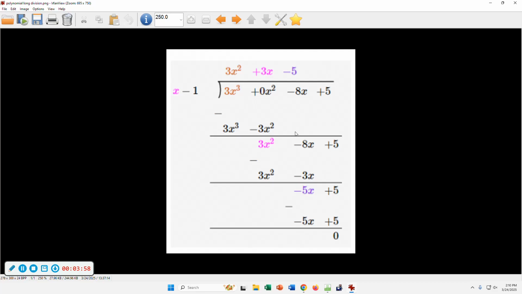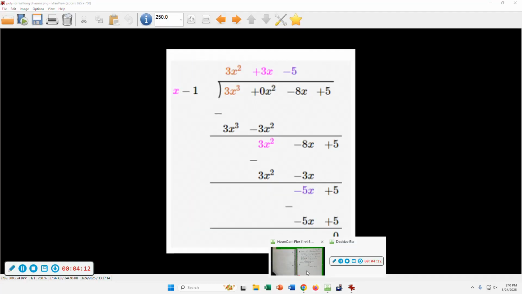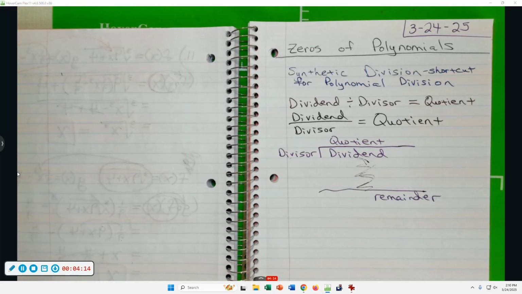Synthetic division is a shortcut for this, provided the divisor is in the form x plus or minus a number.